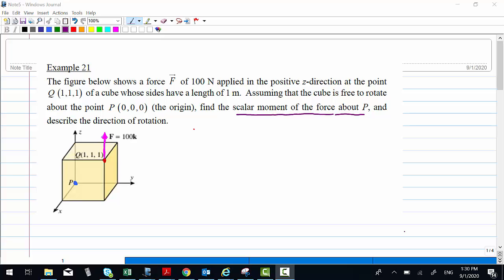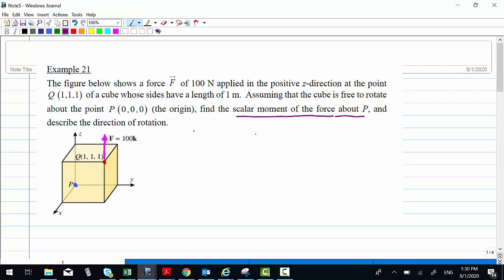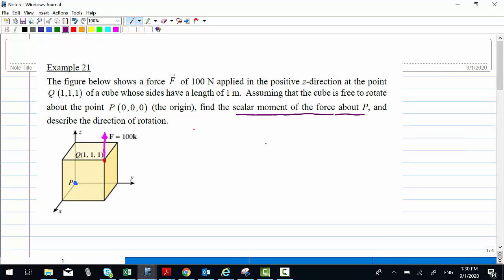Let me explain what is meant by moment of the force. Moment of the force is equal to r cross F, where r is the vector measured from the center of rotation, which is P. This is r.